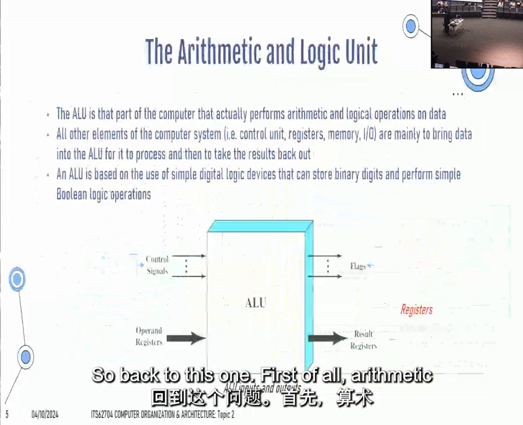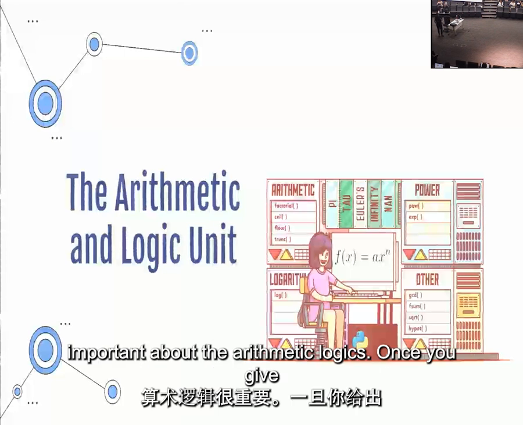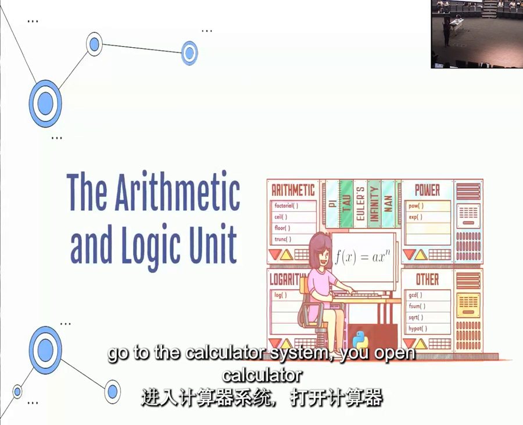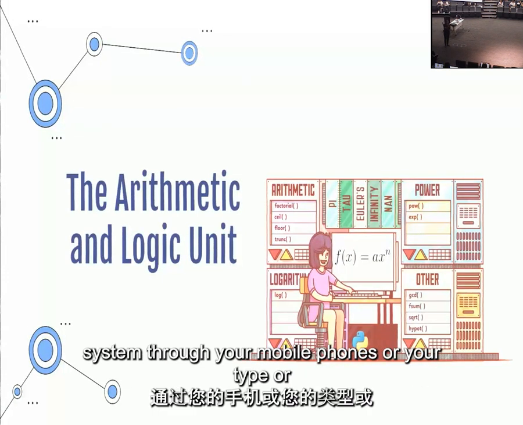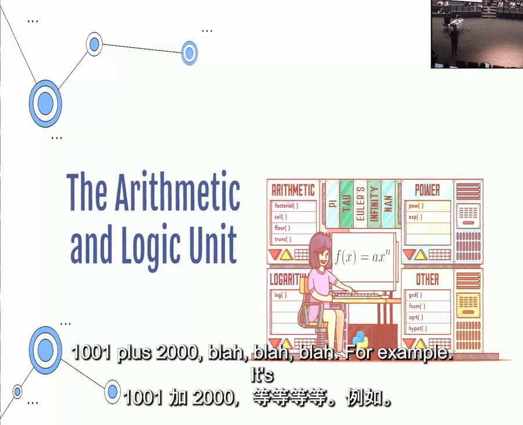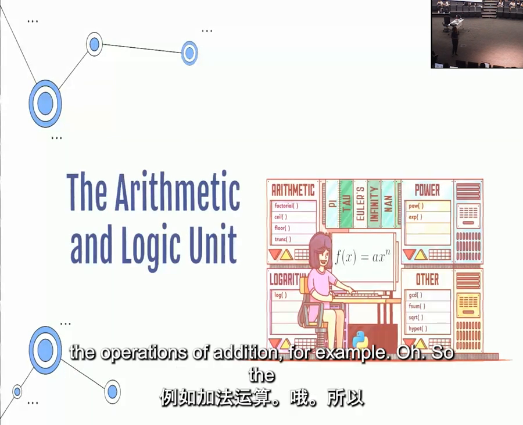First of all, arithmetic logic. I did mention in the tutorial what is important about it. Once you give an instruction to the computer, for example you open the calculator on your mobile phone, tab, or laptop and want to do a calculation, like 1001 plus 2000, that's already an instruction, including the operation of addition.